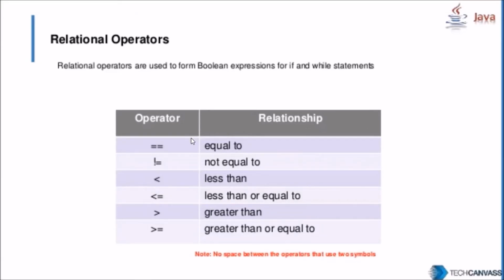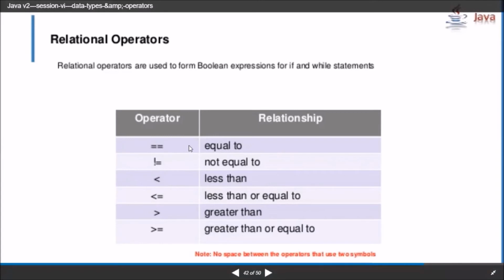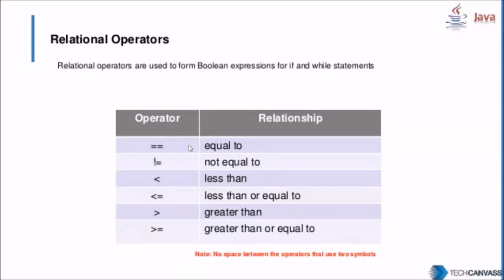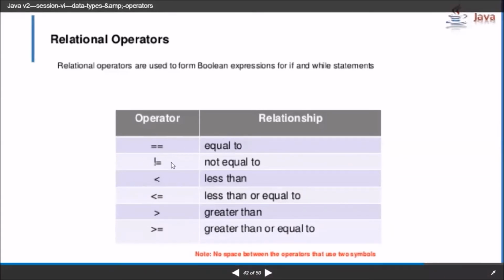Okay. And then we will compare both of them using double equal to operator. Of course, in Java, to compare strings, we have special functions, but a simple use case of these operators is just to compare two values.